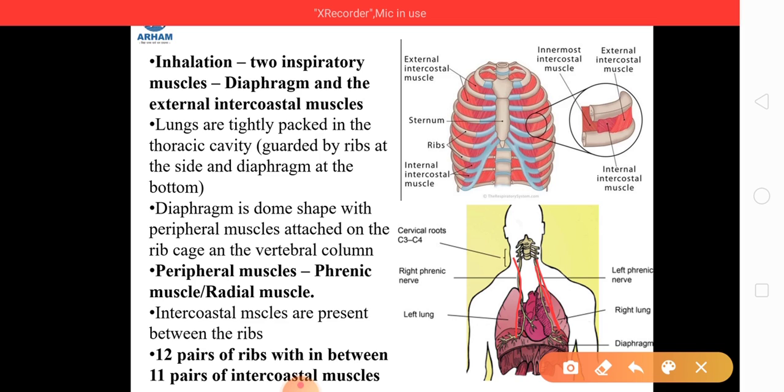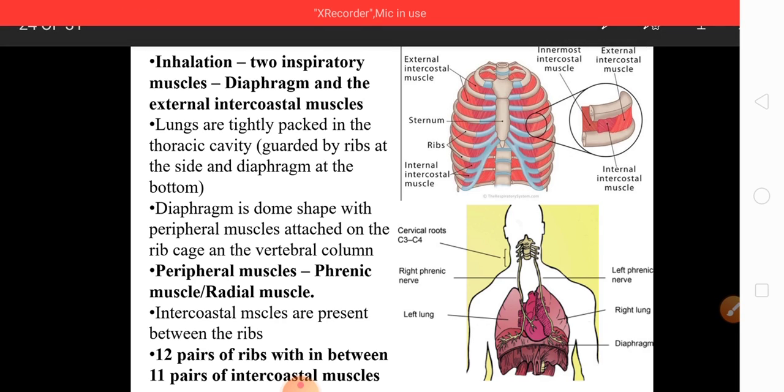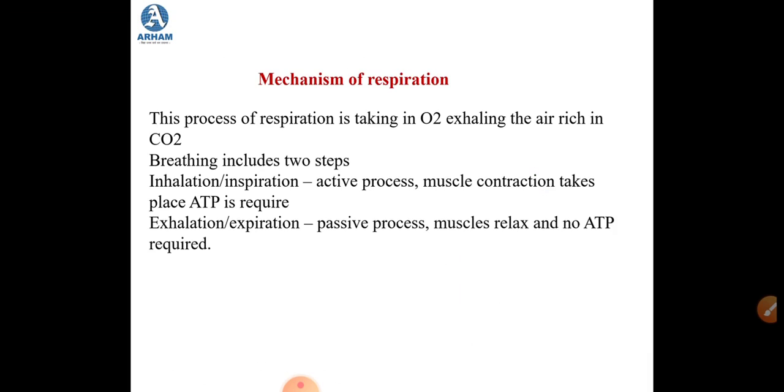This peripheral muscle attaches the dome shaped diaphragm to the vertebral column. So the lungs, tightly packed in the thoracic cavity, are guarded by the ribs at the side and the diaphragm at the bottom, and the dome shaped diaphragm is attached by a peripheral muscle to the rib cage and the vertebral column.